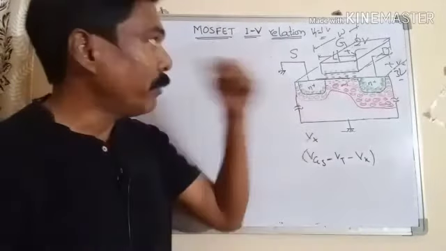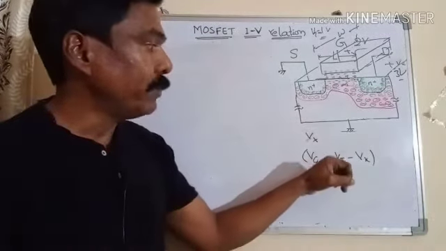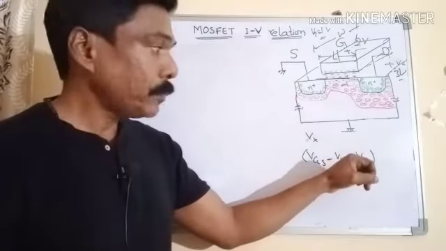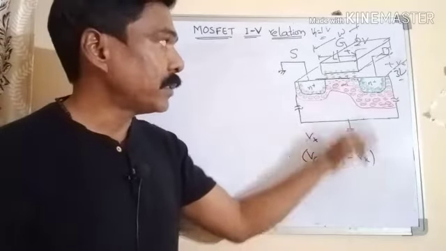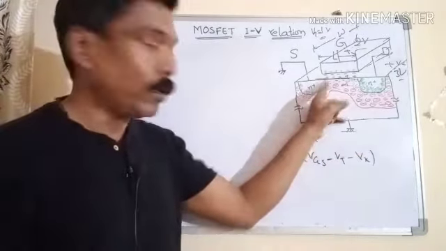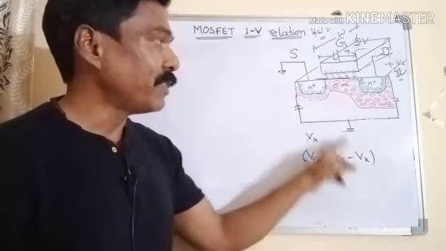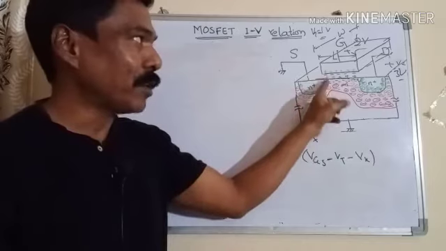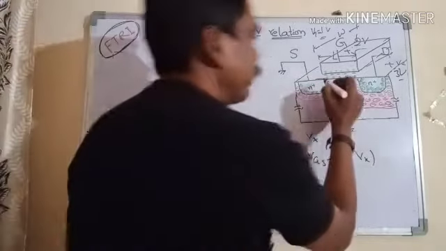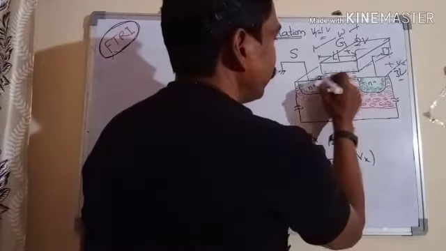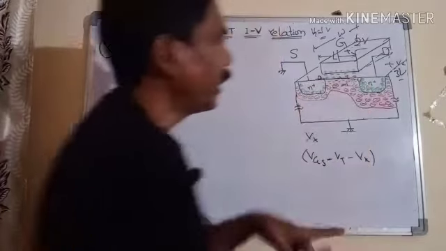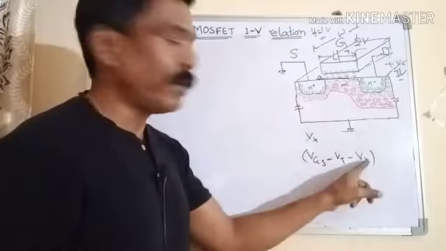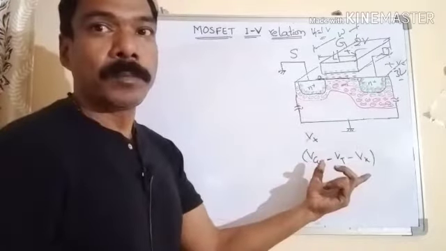For certain values, if VGS equals 2 volts and VT is 1 volt, and Vx at the source side is 0, then VGS minus VT minus Vx will be 2 minus 1 minus 0, that is 1 volt. So 1 volt is supporting. At some other point, say Vx is 1 volt, 2 minus 1 minus 1 will be 0 volts.